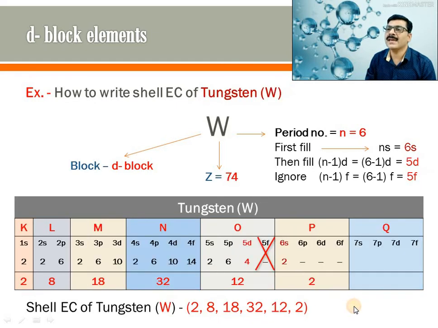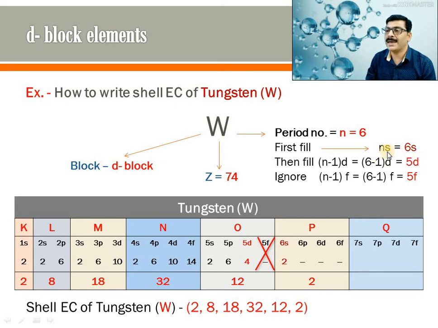Now the second example for d block element: how to write the shell electronic configuration of tungsten, that is W. Tungsten is a d block element and it is present in the 5d transition series, and its atomic number is 74, and it is present in the 6th period, means the value of n is 6. And for a d block element you have to remember here 3 things. First you have to fill up the ns orbital.